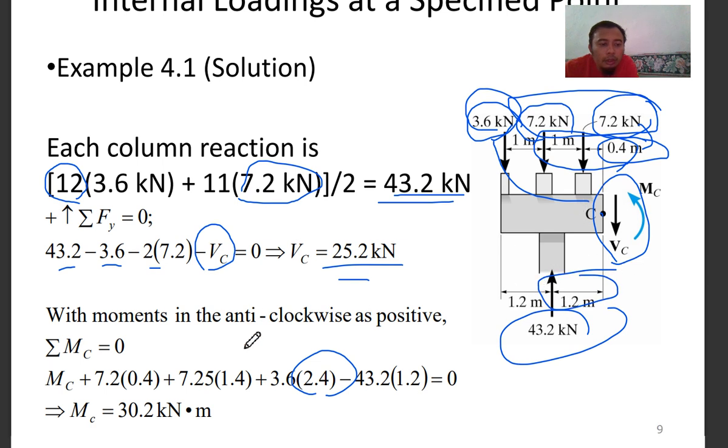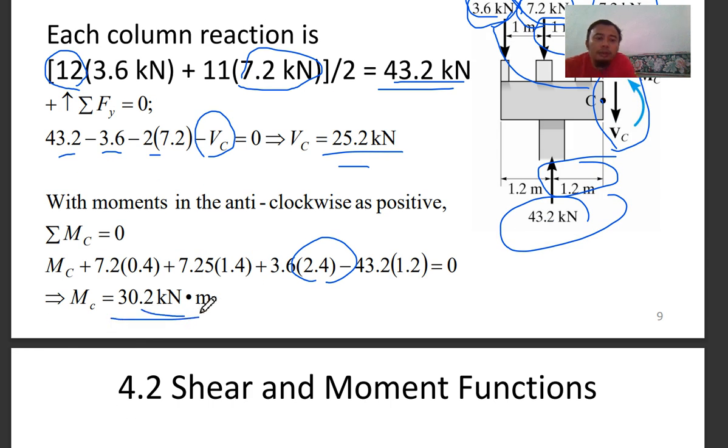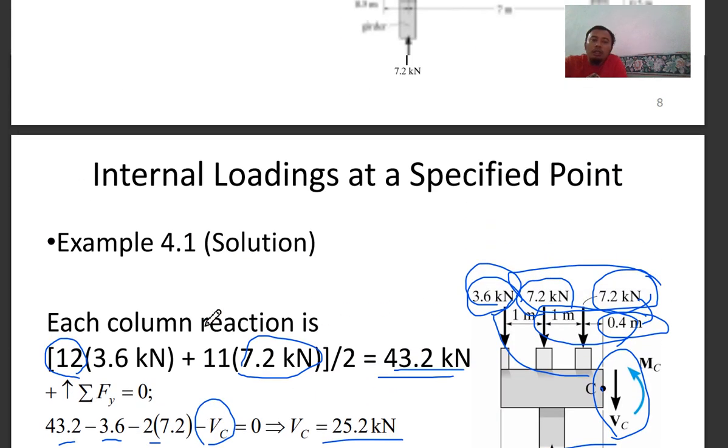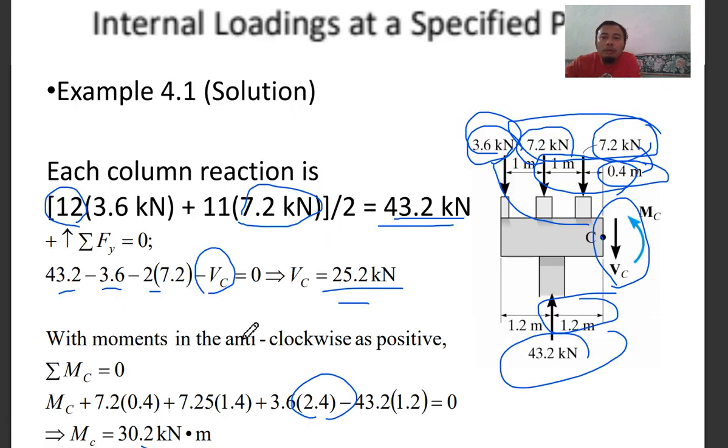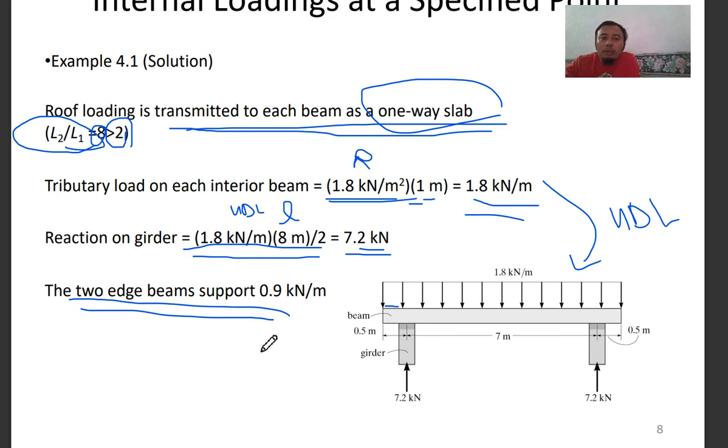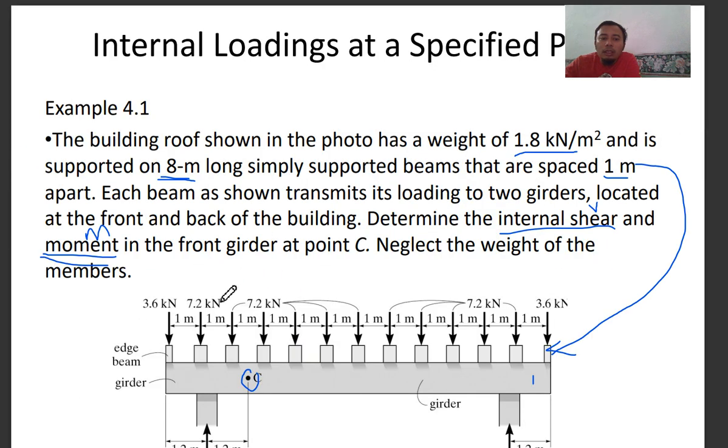So you get your moment at C. So that's how you calculate your internal moments, internal loadings at a certain point. So I think this question is quite straightforward. The tricky part would be to translate this 1.8 kilonewton per meter squared, supported by 8 meter long supported beams.